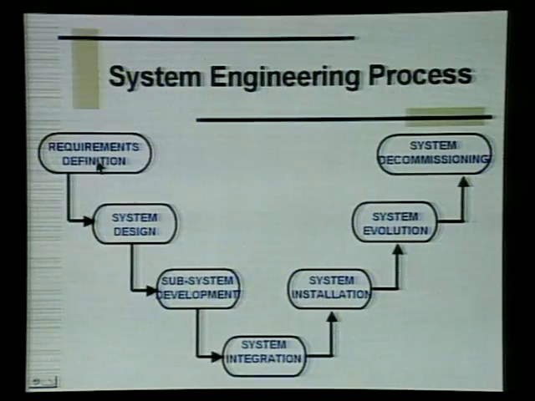The first phase is requirements definition, as we discussed in the previous program. The second is system design. The third, subsystem development. The fourth is system integration. The fifth phase is system installation. Then system evolution. And the last phase is system decommissioning.